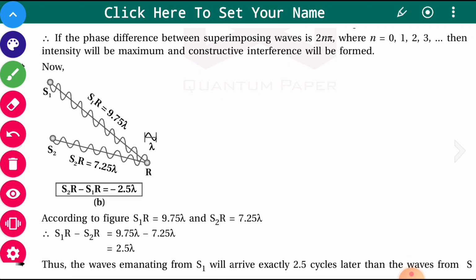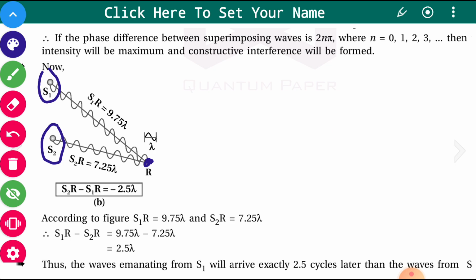Okay, now the new case. For example, one source is S1, the other source is S2, and another point R is taken in the medium.